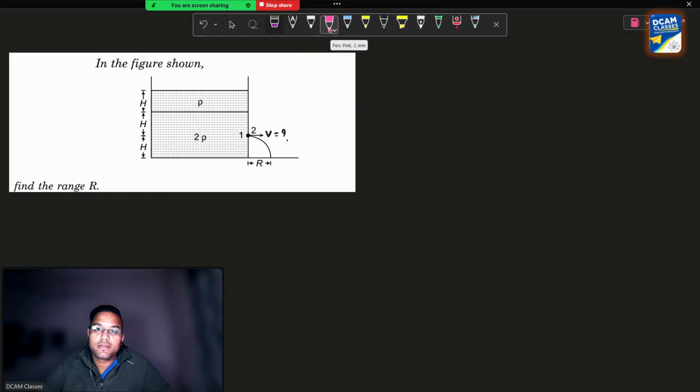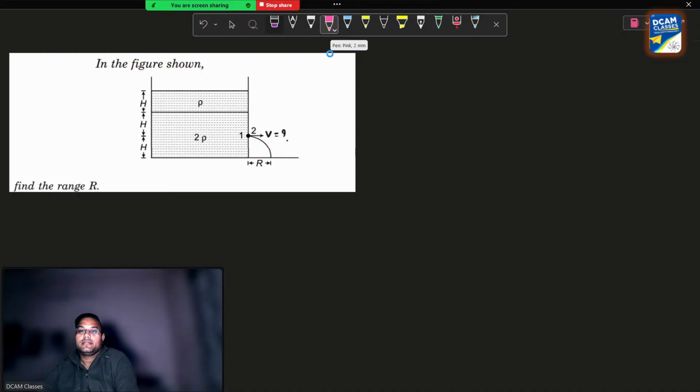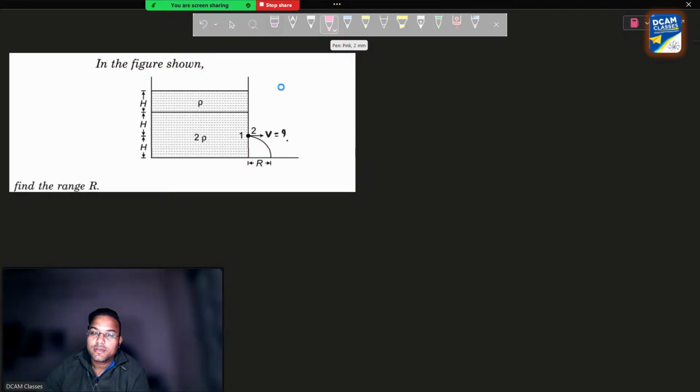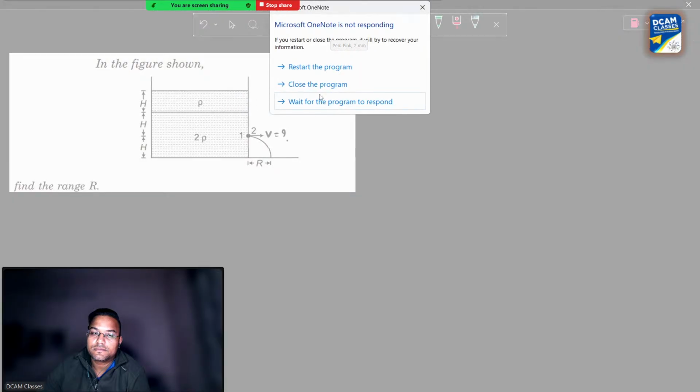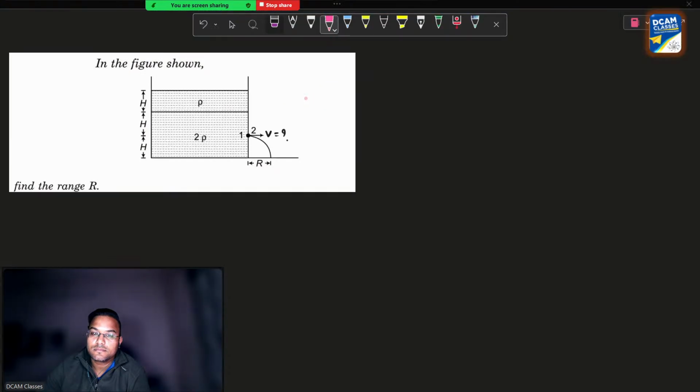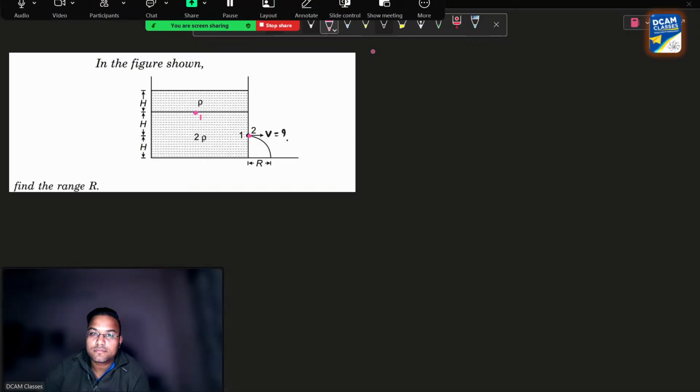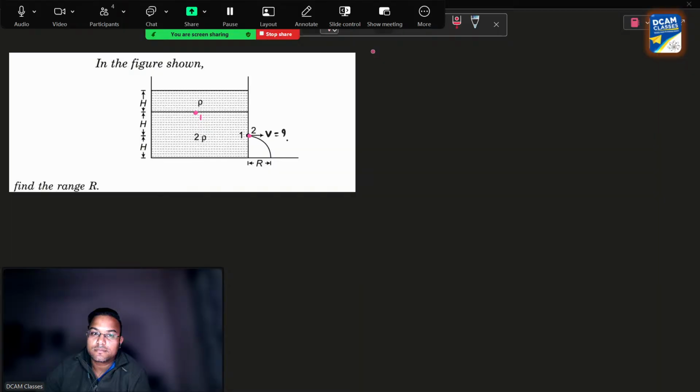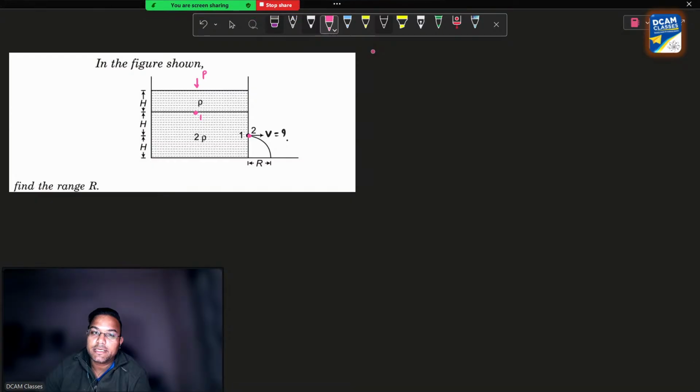See, you can apply Bernoulli's theorem only in the same liquid. So the two points that you will be considering will be one point this and the other point this. Here the pressure is P naught, atmospheric pressure, here also P naught.